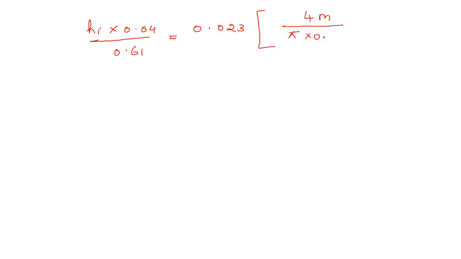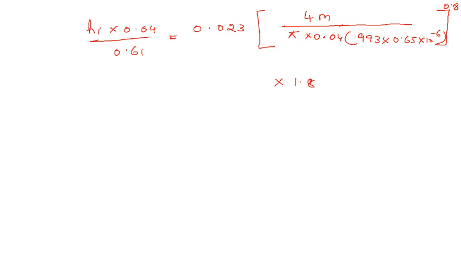So accordingly, we can use h i into 0.04 divided by 0.61 is equal to 0.023 into 4 m divided by pi into 0.04, that is the diameter, and to find the viscosity we use these values to the power 0.8, and that has to be multiplied with the Prandtl number, which turns to be 1.8 when you use 4.41 to the power 0.4.